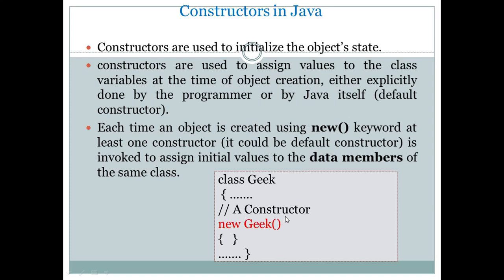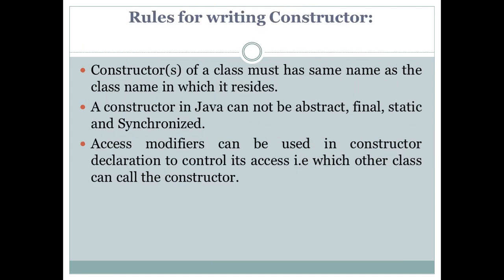If I want to create a constructor, I just write Geek, which is the same name as my class name. So Geek is a constructor. A constructor doesn't have any access modifier, not even void, which means it returns nothing.